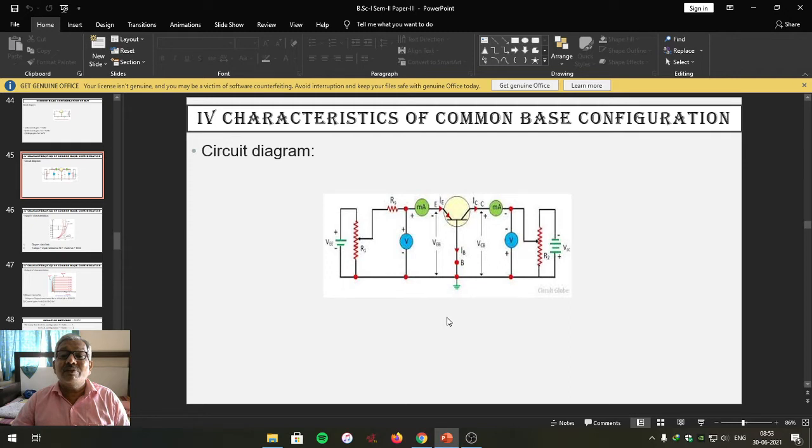In common base configuration, output current is IC, output voltage is VCB, input current is IE. Therefore, output characteristics here are defined as the graph of IC against VCB when IE is constant. Both graphs we are going to plot by using this particular circuitry.